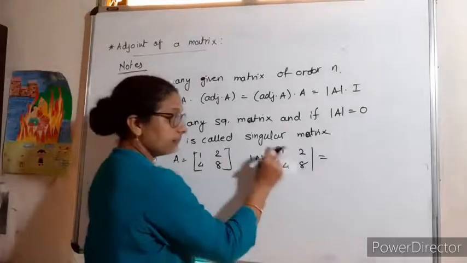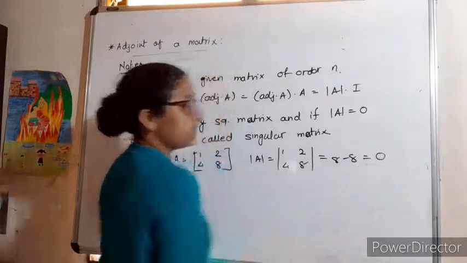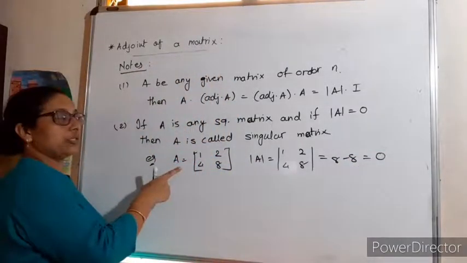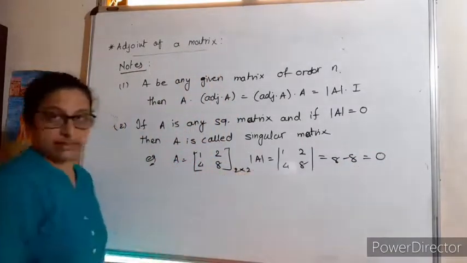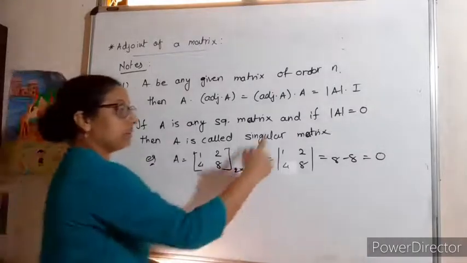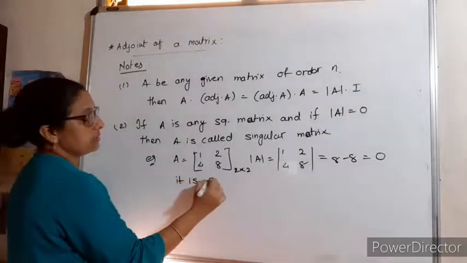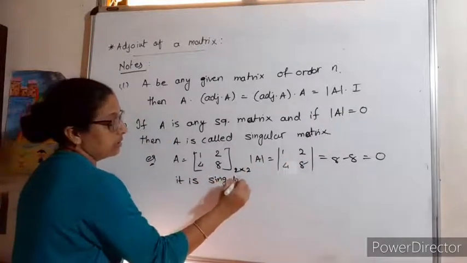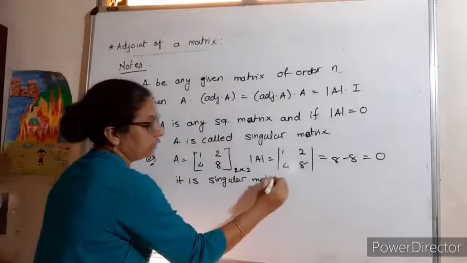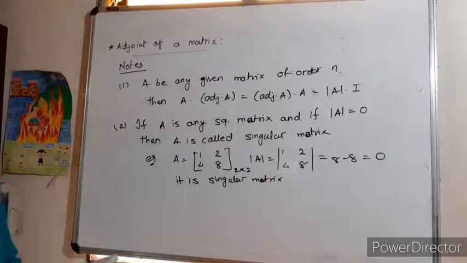So, 8 1s are 8 minus 4 2s are 8, which is 0. This is a 2 by 2 matrix, converted to a second order determinant, and determinant of A is 0, therefore it is a singular matrix. You understand this? Yes?